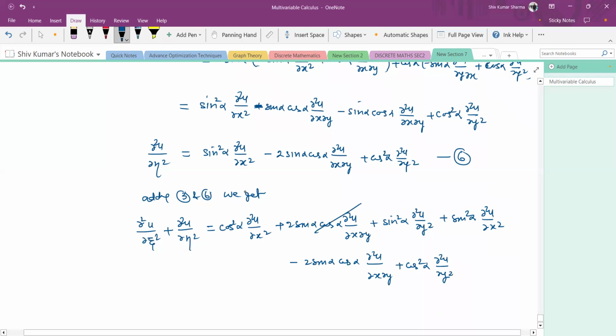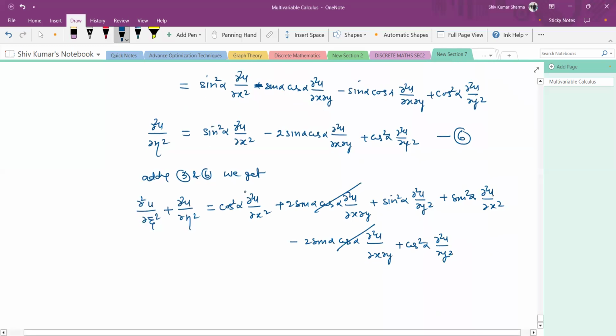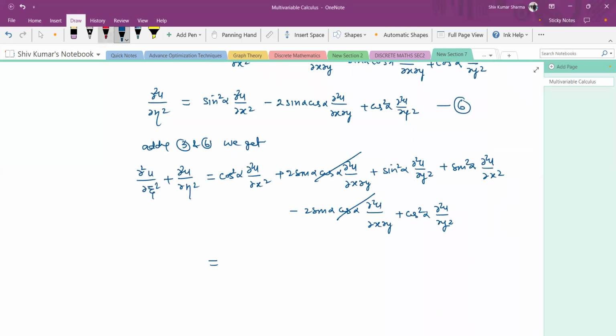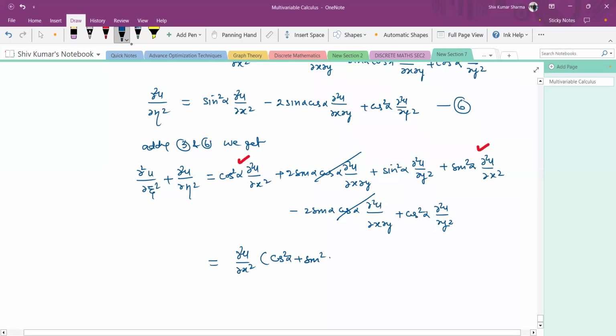So this term will cancel with this term, and we take del square u upon del x square common from these two terms. So when we take del square u upon del x square common, we get cos square alpha plus sin square alpha. Similarly, we take del square u upon del y square from these two terms, so sin square alpha plus cos square alpha.